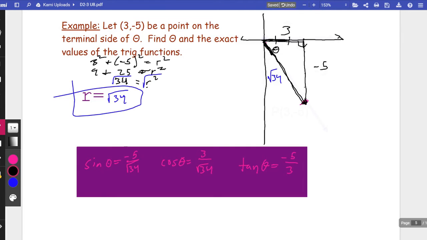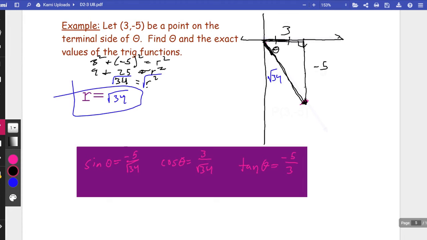The other thing, I guess, is this is exactly what a reference angle always is. Theta is always a reference angle. And a reference angle, if you can't remember, is the distance, in degrees, of whatever your angle measurement is to the nearest x-axis.